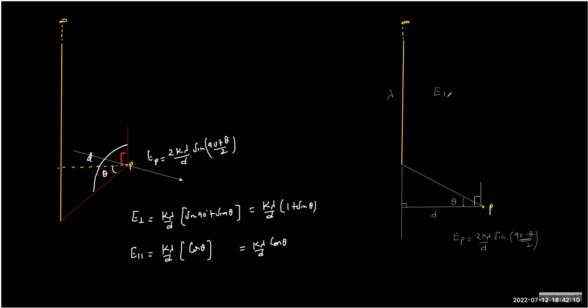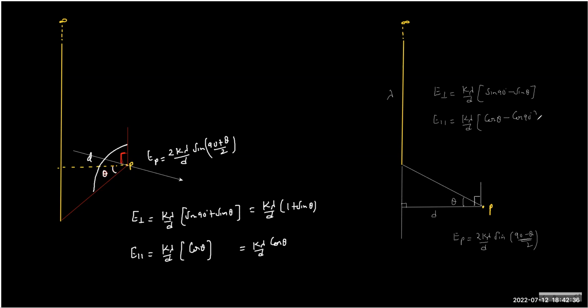So what will be E perpendicular? Because the rod is on the same side of the reference, the formula is k lambda by d, sine of big angle minus sine of small angle, but here it is sine 90 minus sine theta. And what is E parallel? Small angle minus big angle.